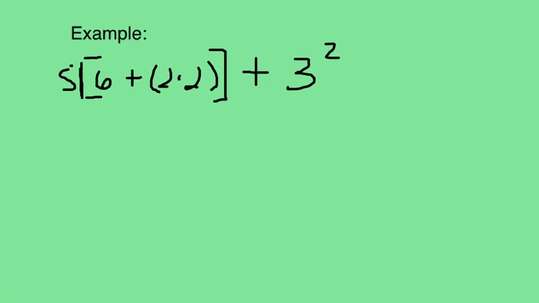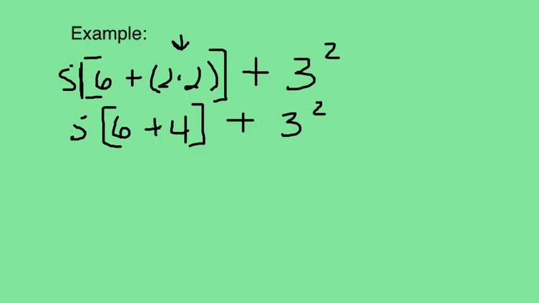So we're going to work this out. We're going to do parentheses first, so I'm going to work inside my bracket right here. So I have 6 plus 4. Now I cannot drop my brackets, I have to keep those because I haven't completed everything inside. And then I'm going to add 3 squared. So now I still have to finish what's in my brackets, and then I'm going to move to my exponents.